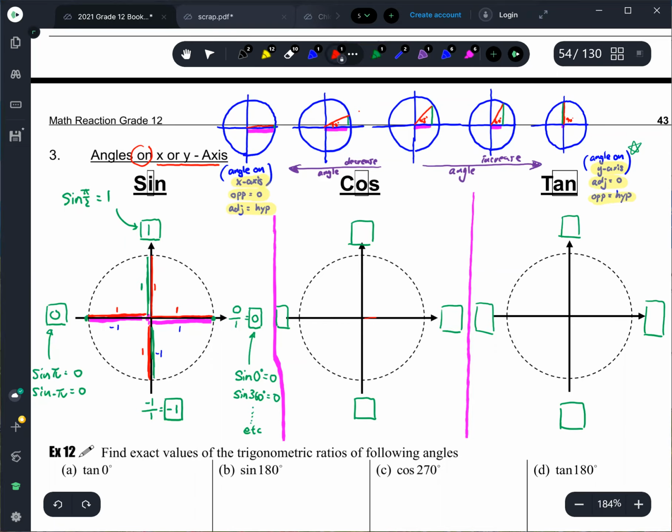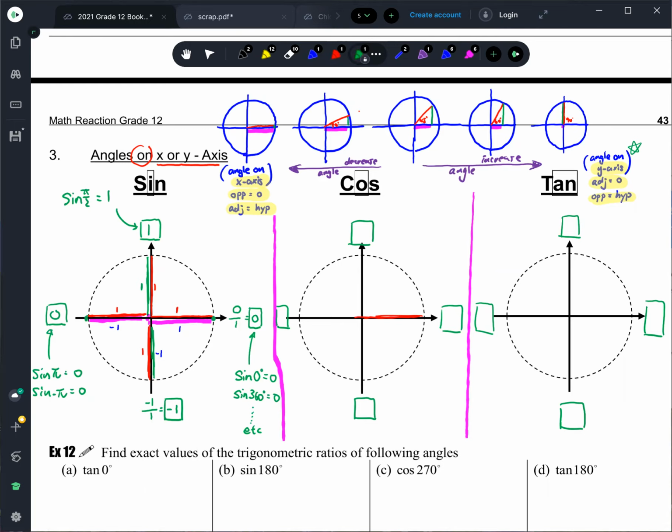Okay, we start with 0 degree. Okay, Nick, what do you get? What's cosine of 0 degree? I got 0. Cosine is what over what?